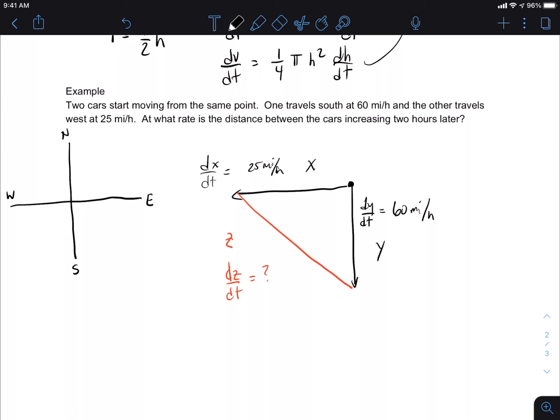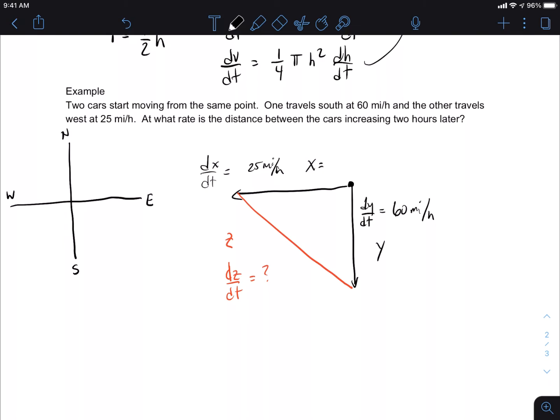So it says 2 hours later. So in 2 hours, how far did the car going west travel? What do you guys think?